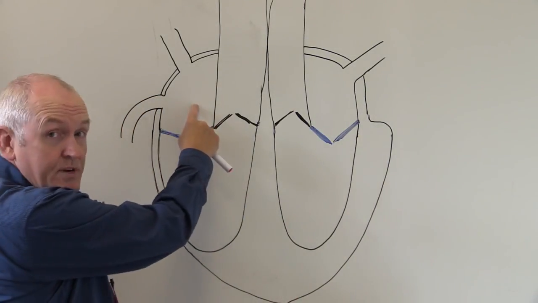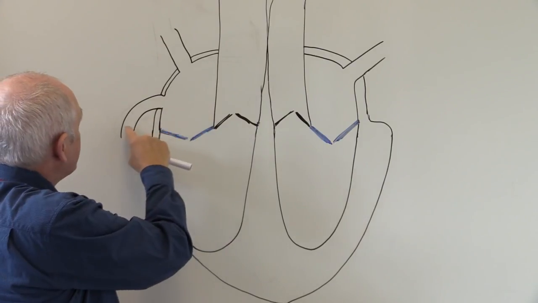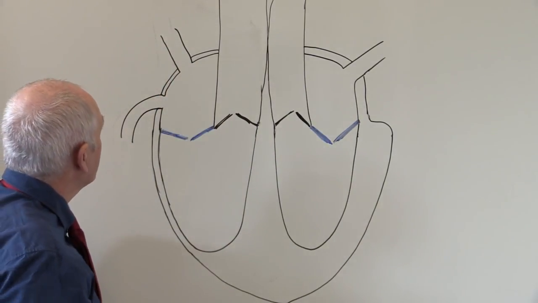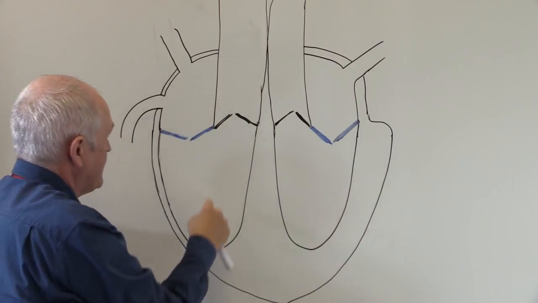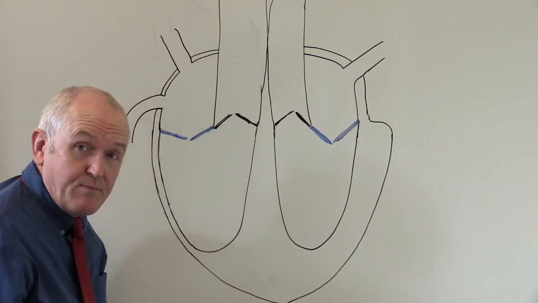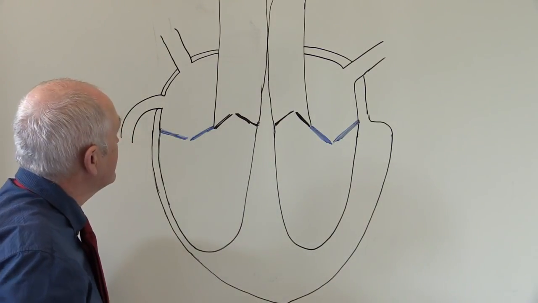Here we see the right atrium. This represents the inferior and superior vena cava. The right atrium, the right ventricle. That means this valve pointing down the way must be the tricuspid valve.